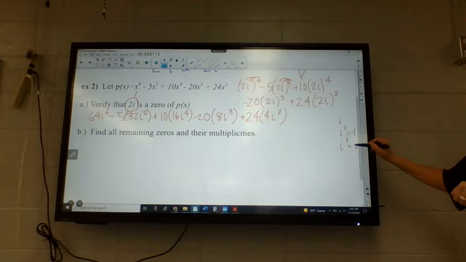So we're going to do long division here. I'm going to divide the x squared in. What do we get? x to the 4th. Multiply that back.